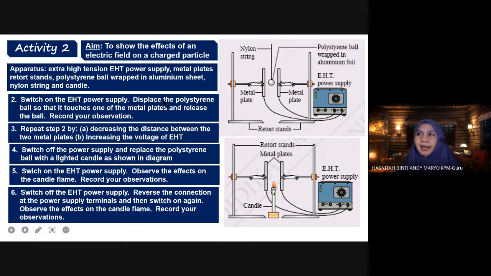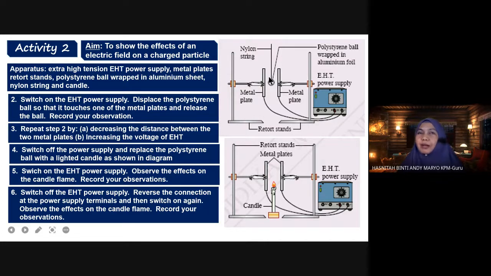We displace the polystyrene ball so it touches one of the metal plates and release it. You will record your observation. What will happen? Either the ball will oscillate back and forth, or remain at the center, or what? Then second, we repeat step 2 by decreasing the distance between the two metal plates.